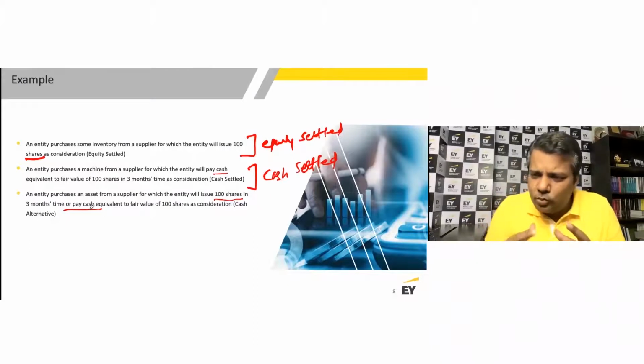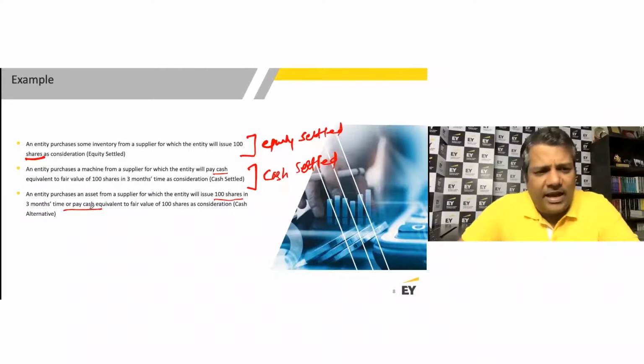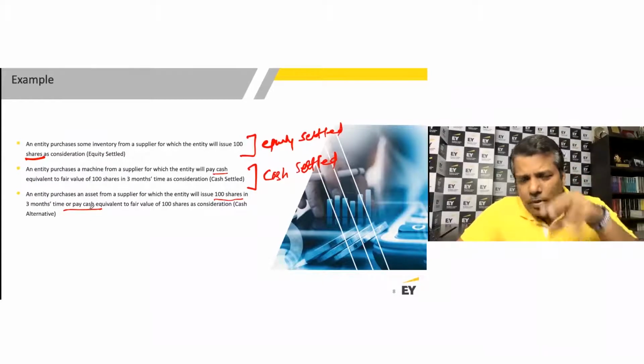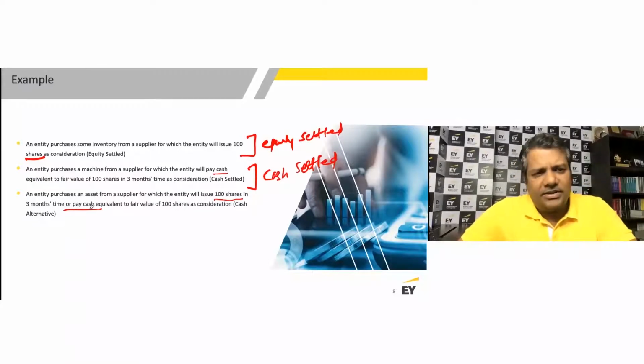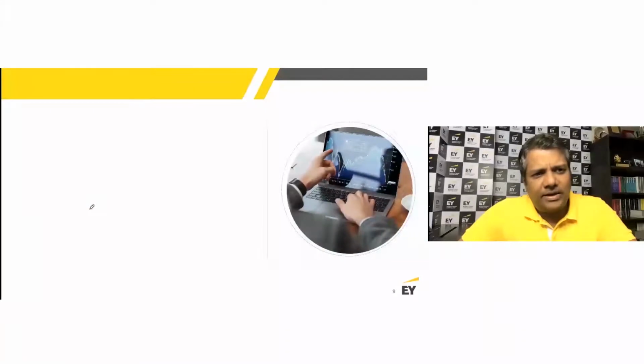The optionality is in whose control, and that will drive the accounting. We will talk about this with the help of an example as well. But all three, equity settled, cash settled, or equity settled with an alternative for cash settled, are three different possibilities which exist.